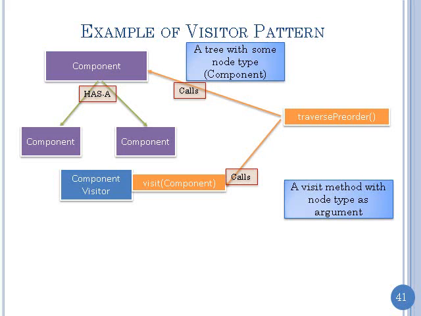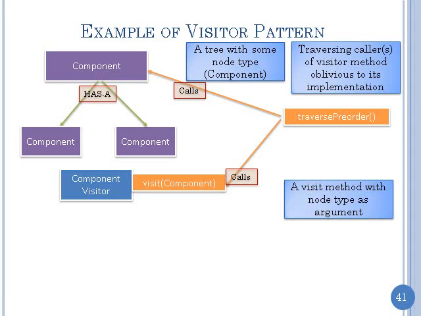We have a traverse method that calls the traverse preorder method that uses that particular component type. It knows about this tree, and it knows about the visitor. Okay, so the traverser, the caller of the visitor method, is oblivious to its implementation. What it does know about is the tree that it's going to work on and the visit method interface. Okay?